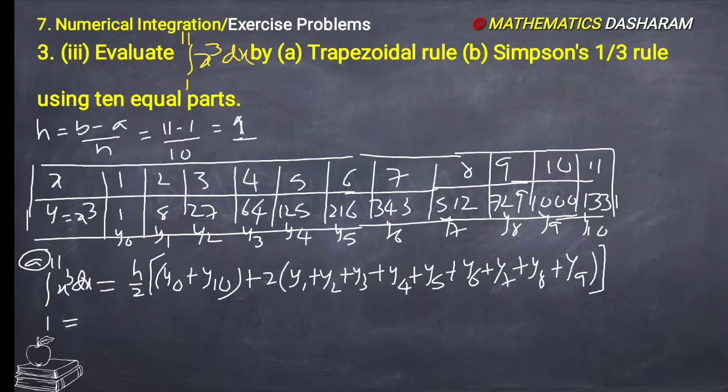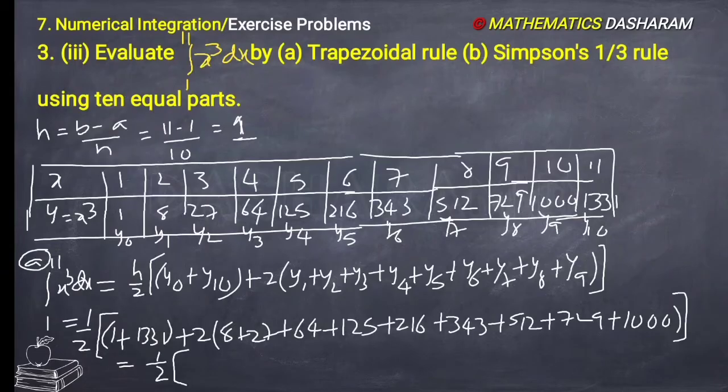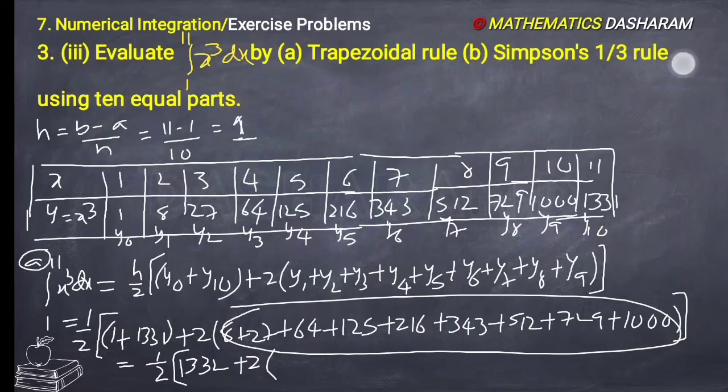So it equals h value 1, so 1 by 2 bracket of 1 plus 1331 is 1332 plus 2 bracket of, let's add these all numbers.